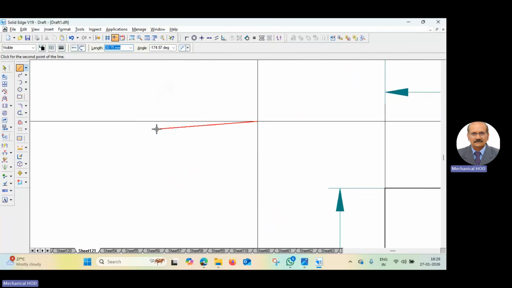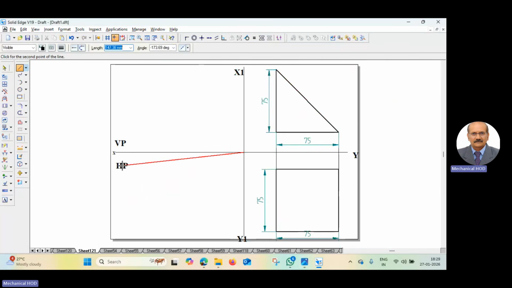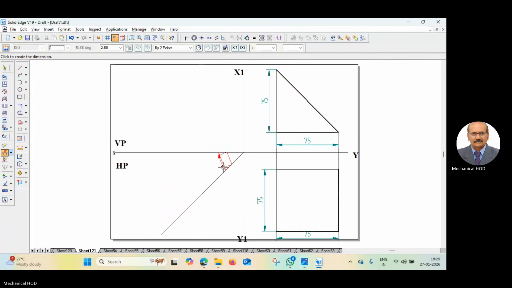Now this 45-degree line should be drawn in HP, meaning below the XY line, and it should move away from the top view. So this is the direction of the 45-degree line. 159 is showing. I press the tab key, minus 90 plus 45, minus 135. You type minus 135, you will get a line like this. So this angle should be 45 degrees.